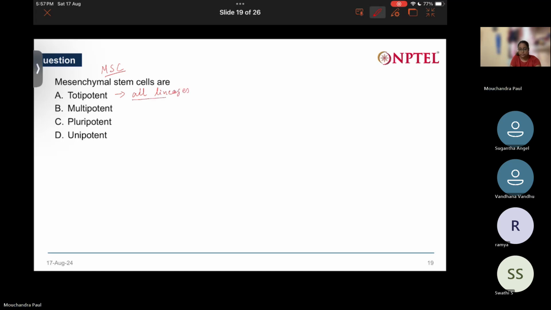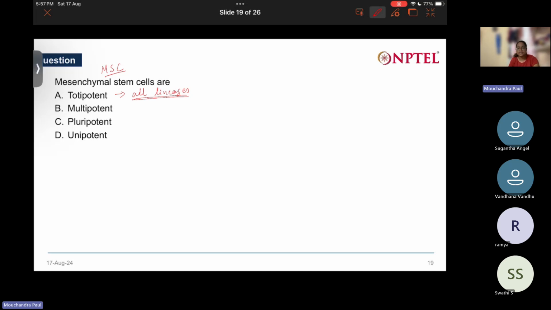Okay, all lineages. So totipotent cells are usually the embryonic stem cells. If we know how to do it, we can direct the differentiation of embryonic stem cells along all lineages of cell types that are there in our body. But we still haven't yet understood that.